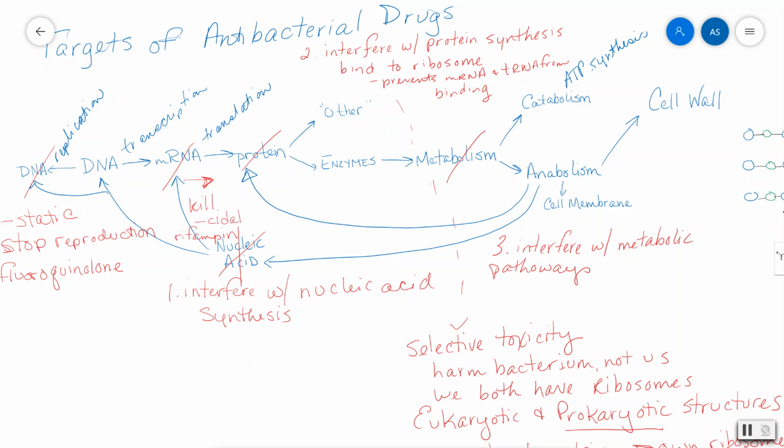So anything that happens outside of reproduction or energy synthesis is dumped into this category. So we have drugs that interfere with other metabolic pathways in the cell, such as folic acid synthesis.